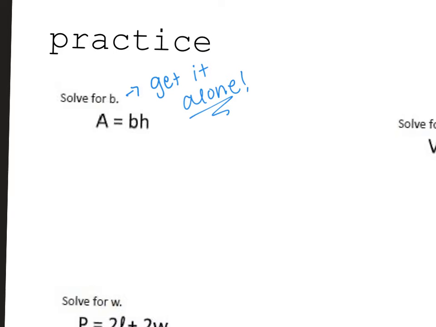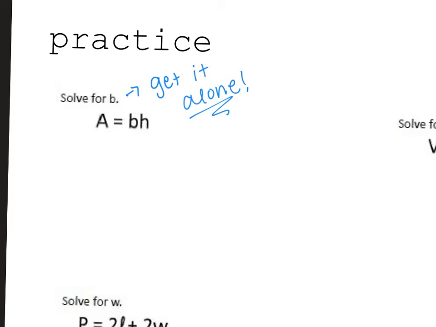So right here, what's happening is multiplication. This is actually the area formula. So area equals base times height. If we want to solve for B, or the base, the area formula for like a rectangle, we need to undo what's happening right here. There's multiplication happening.